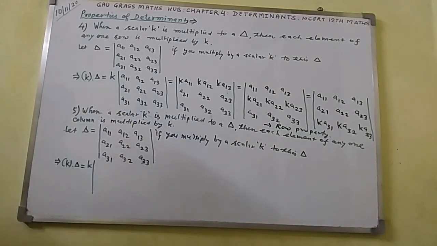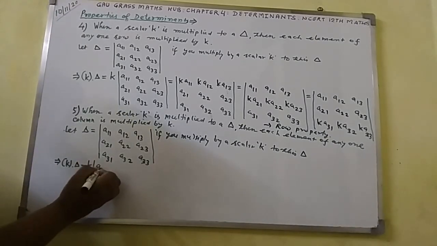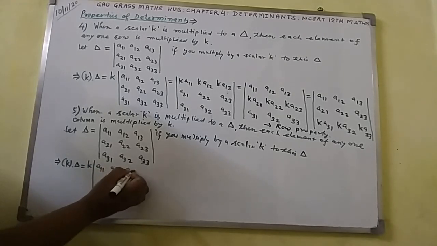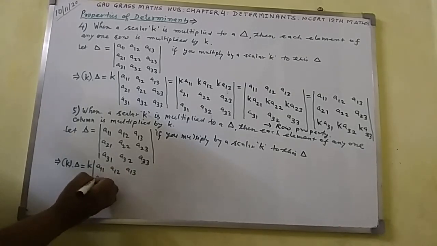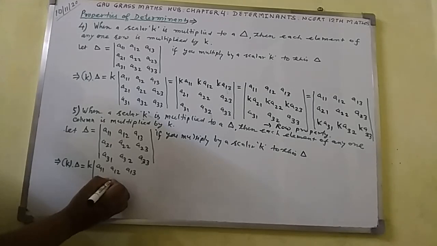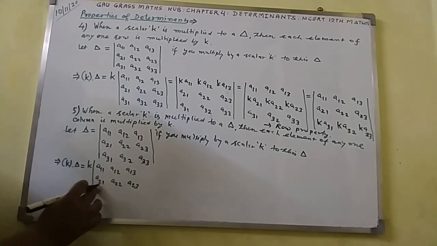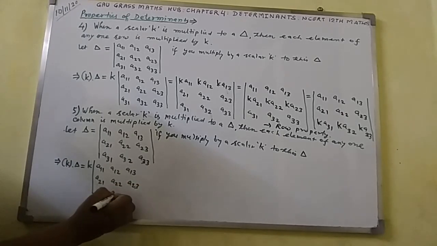write the same determinant. So here write a11, a12, a13, a21, a22, a23, a31, a32, a33.